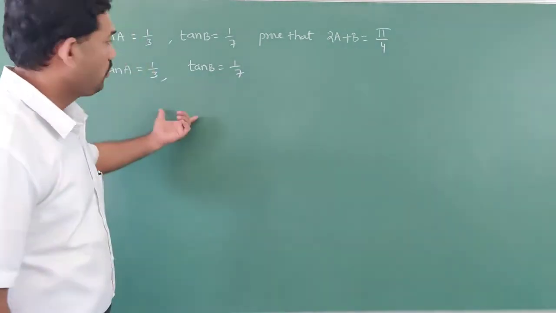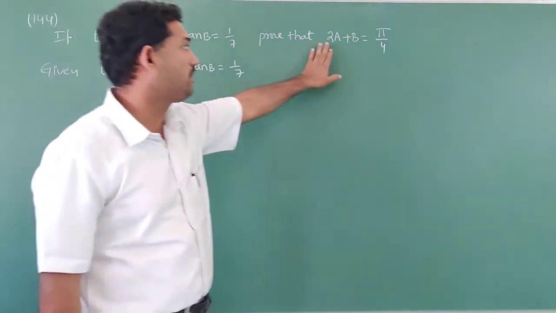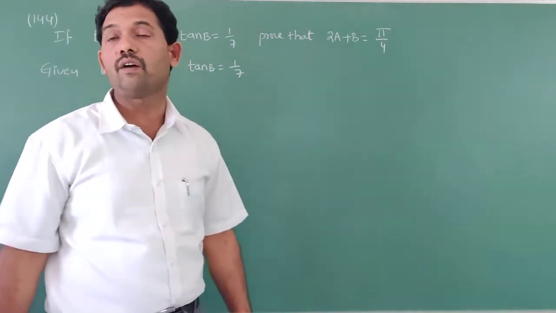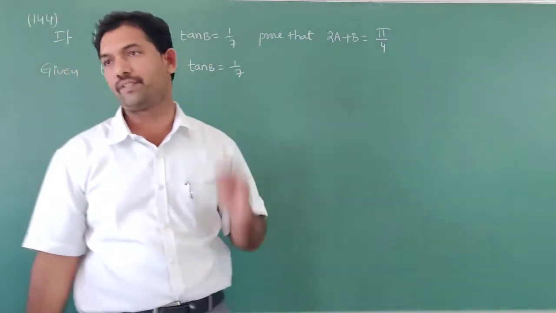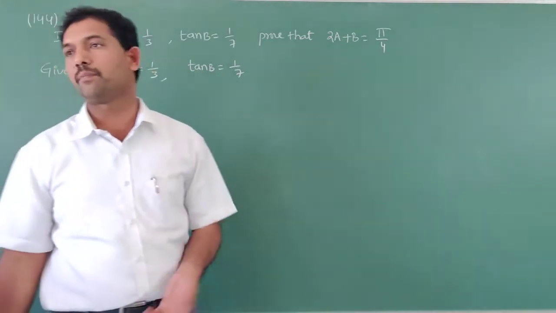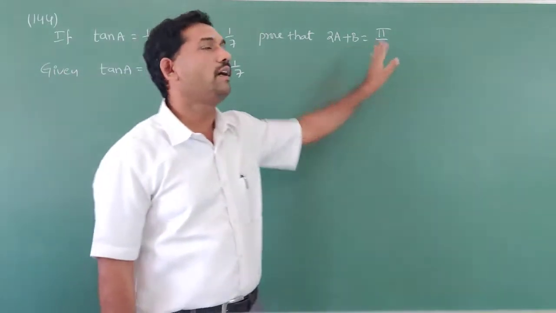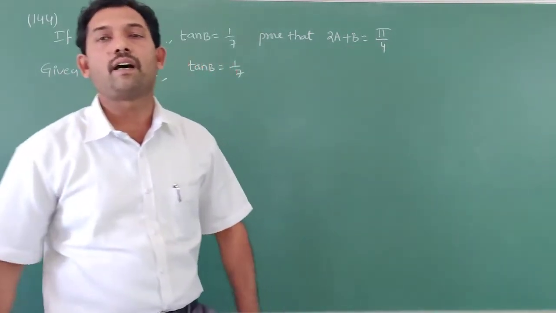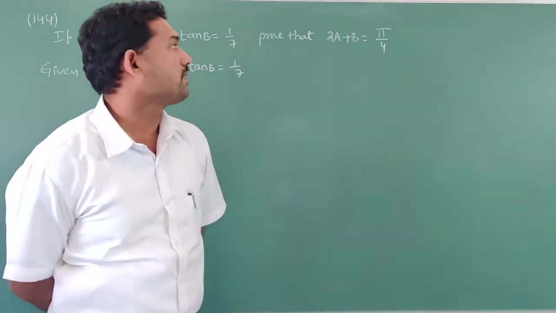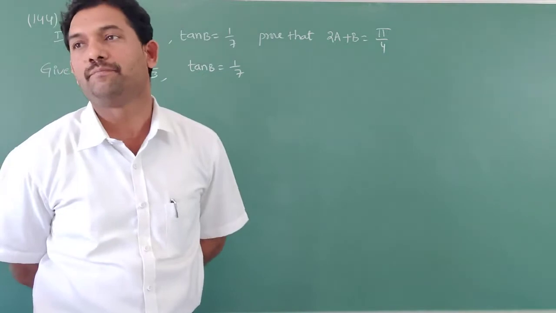Two values are given in terms of tan, so you take tan of 2A plus B. Tan of 2A plus B is equal to tan pi by 4, value 1. Taking tan on both sides, tan of 2A plus B is equal to 1. We are going to prove it indirectly.